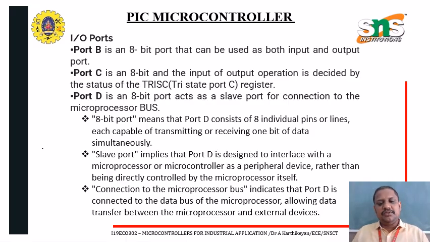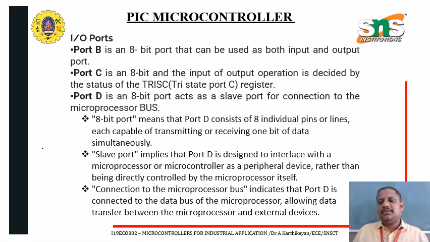The slave port interfaces with the microcontroller processor, and it is directly connected to other external peripheral components and also to the microprocessor bus. These are the main functions of port D.